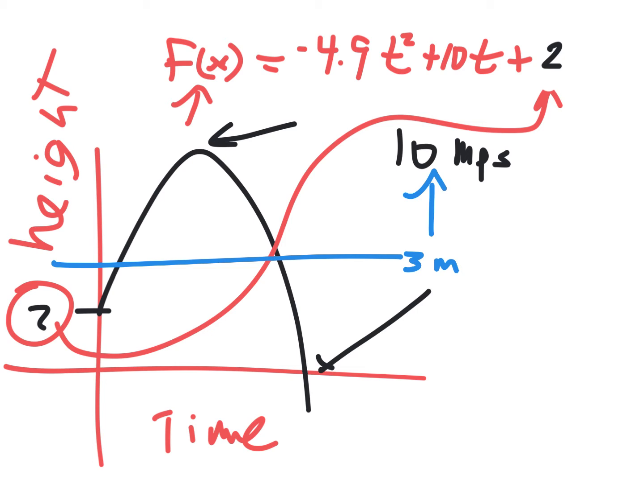So my question is, did it ever cross 3 meters? Which, by the way, if you solve it and there's no solution, that means it didn't ever cross 3 meters. Maybe the throw wasn't strong enough to go across 3 meters. Or B, if it does cross 3 meters, usually it's going to cross twice, like this. Once on the way up, and then once again on the way down. That's why you'd have 2 answers.